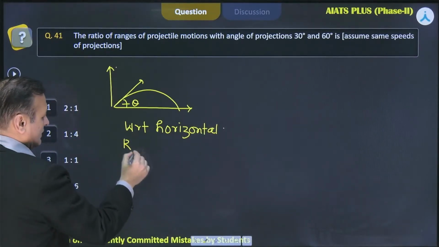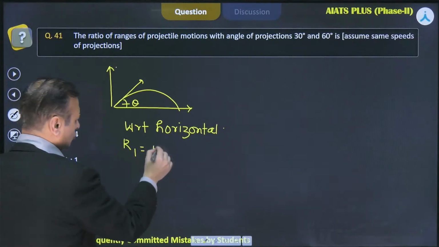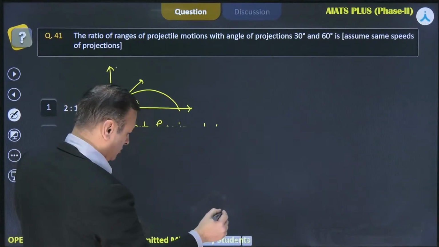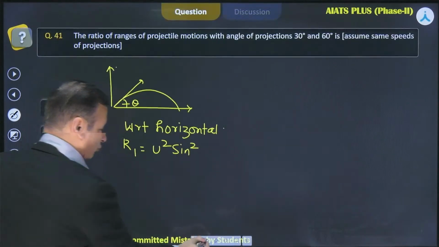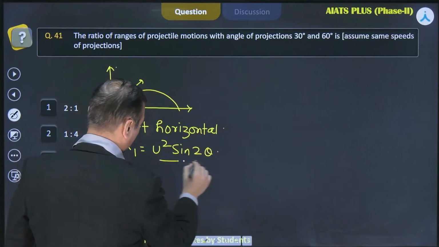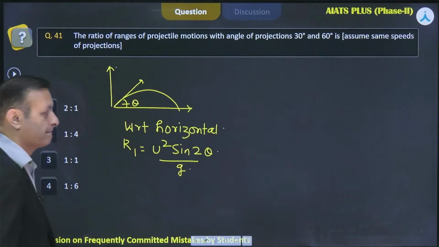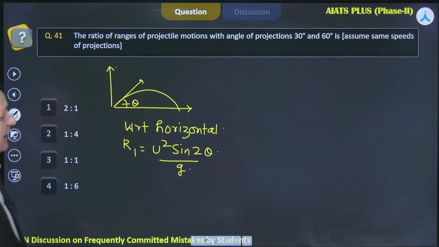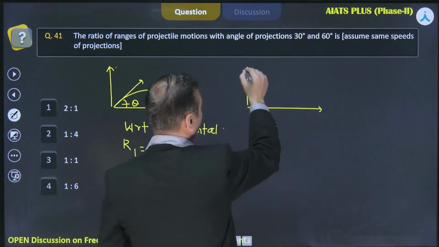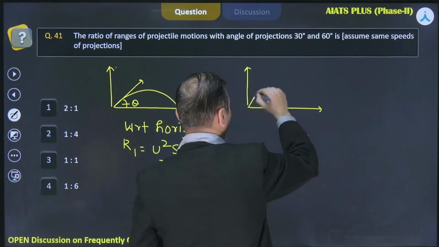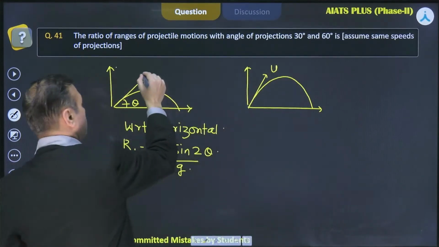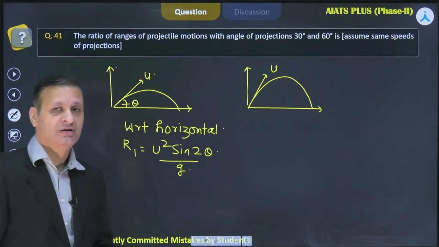And if I ask you the range for this one, so we know the formula for the range, u square sine 2 theta by g. This is the one. And if I give you another projectile, this is projected with the same speed what you had in the first case.